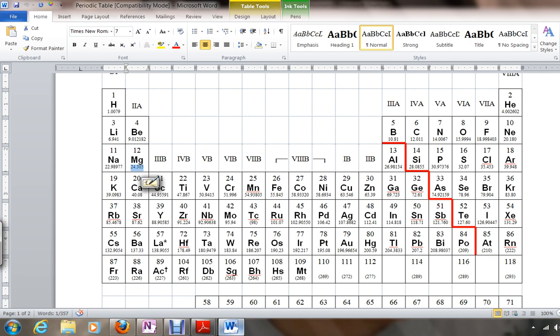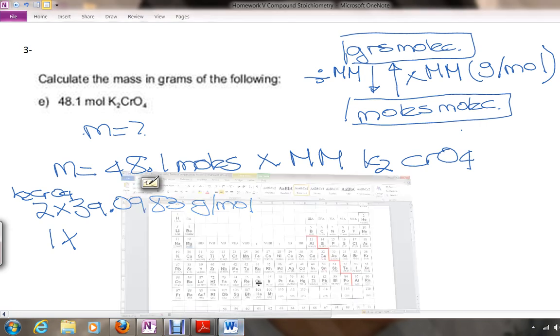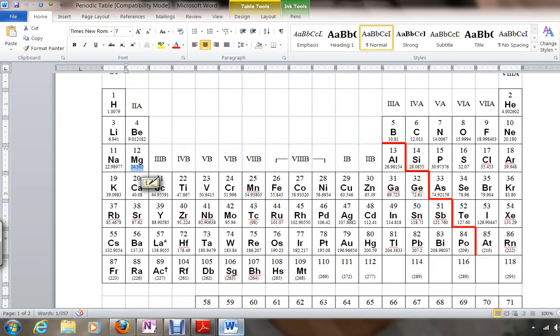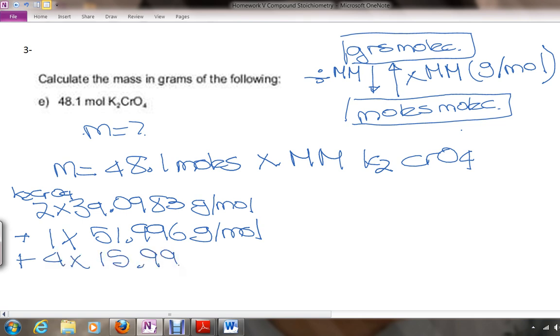Potassium is 39.0983 grams per mole, plus chromium, I don't remember it, chromium would be 51.996 grams per mole, plus 4 times 15.9994 grams per mole.